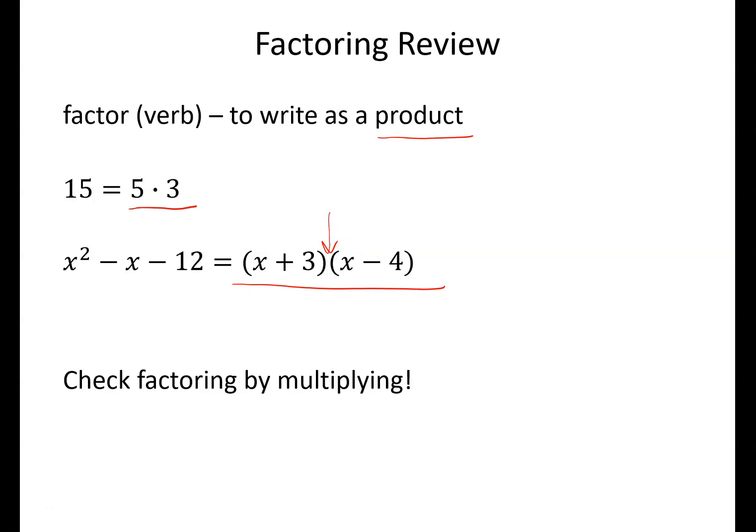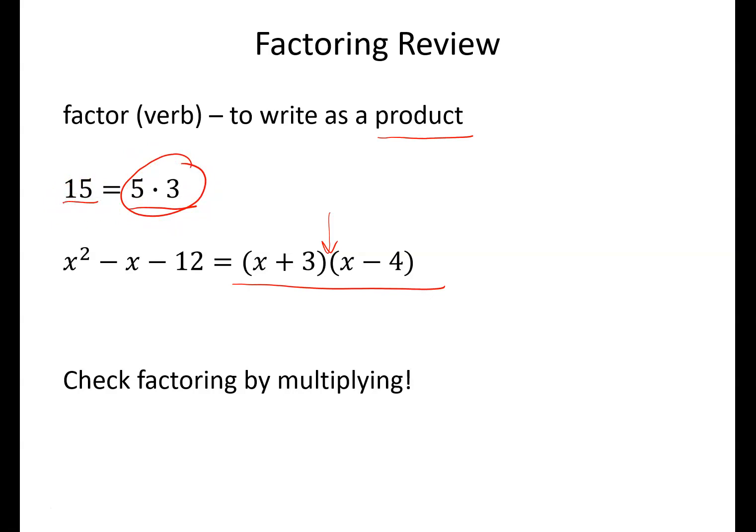So every time you have your answer for a factoring problem, you should have parentheses around each part with no symbol in between. The nice thing about factoring is that you can check it by multiplying. So go back to the example of 15. We know that 5 times 3 is a correct factorization because when we multiply 5 times 3, it equals the answer 15.